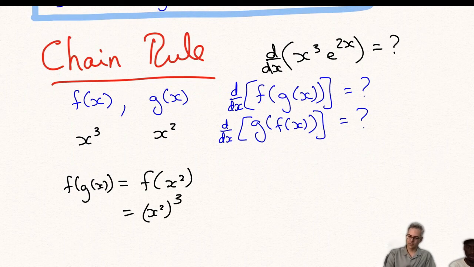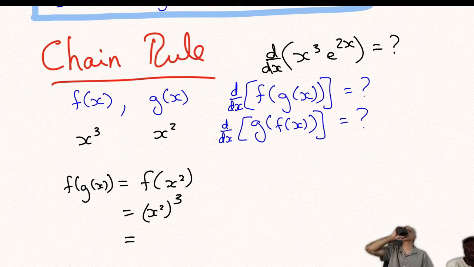Perfect. Now this happens to be easy to do. x squared cubed is what? Can we simplify that? We're having 3 of them.